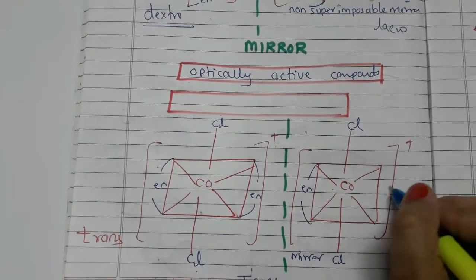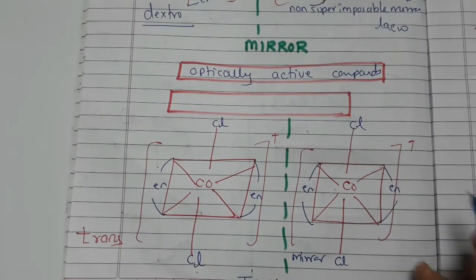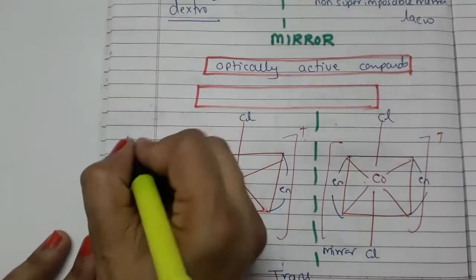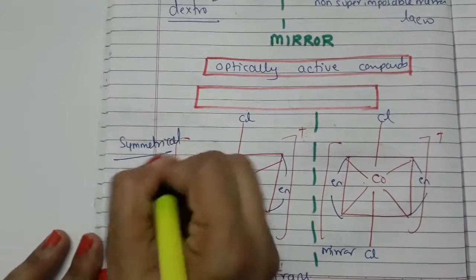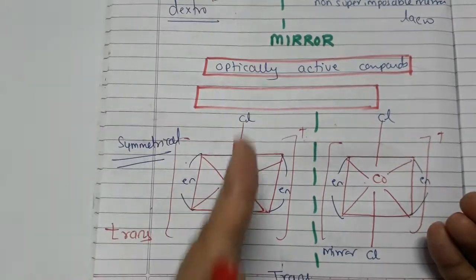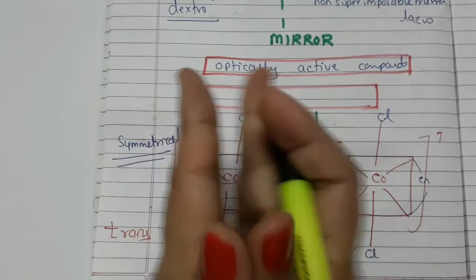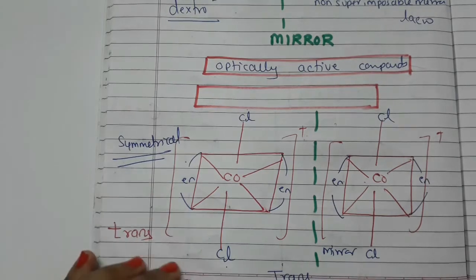Just check, students, is there any change in the structure? No, the structure is symmetrical. What is the meaning of symmetrical? When you cut this molecule, both the sides will overlap with each other, so that will be the mirror image, and if the mirror image is overlapping, then it is optically inactive.